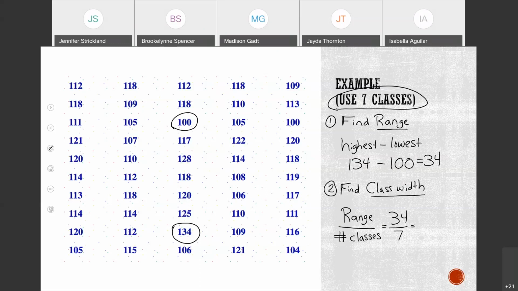Like on this one, you see here how it says use 7 classes? So whatever they tell you, they'll always tell you what that's going to be. When I put this in my calculator, I get 4.86 when I round it.